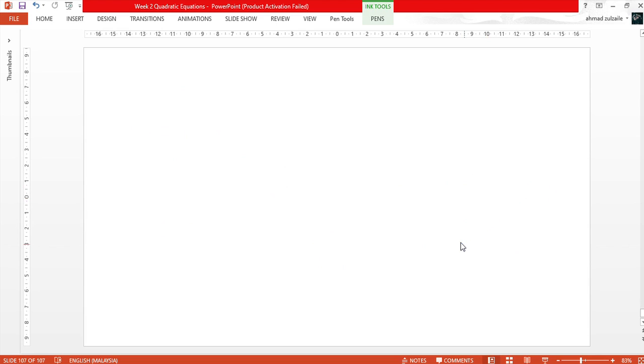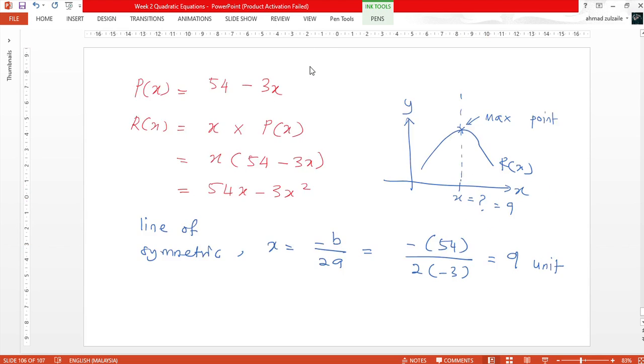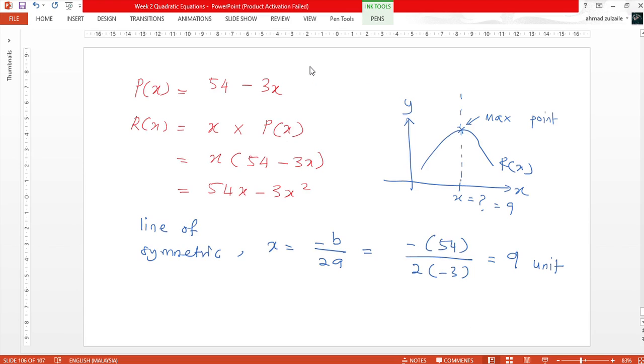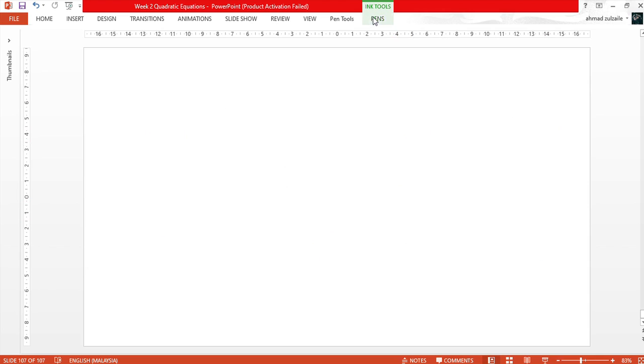Next, the question asks what is the maximum revenue. In other words, the question asks you to determine our y value using x equal to 9. At x equal to 9, this is the number of items that we need in order to maximize the revenue.